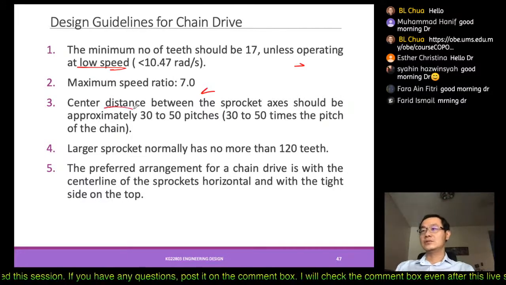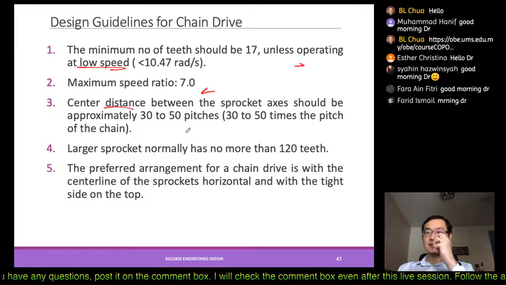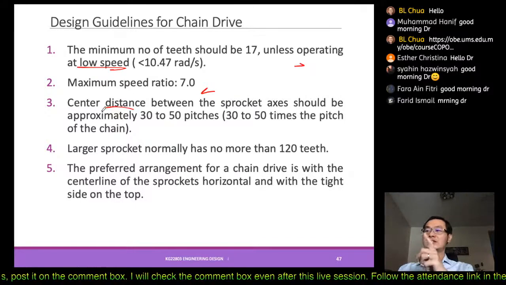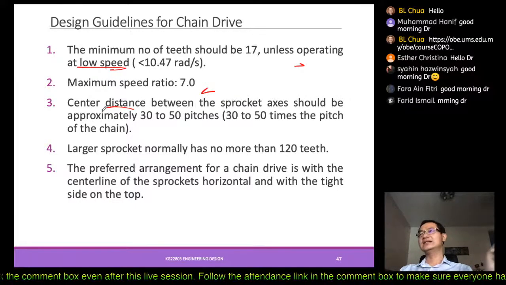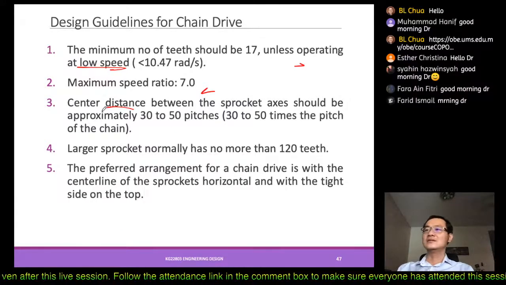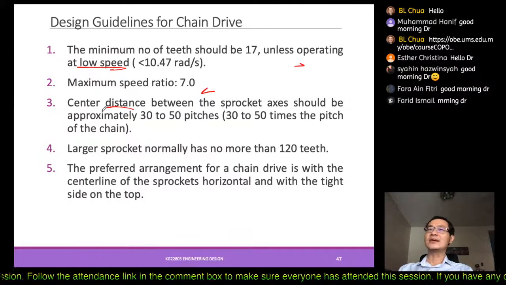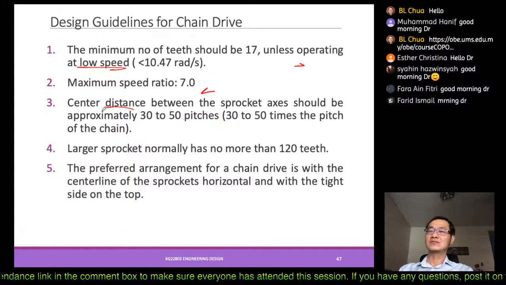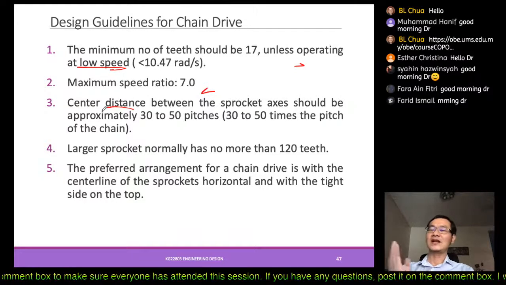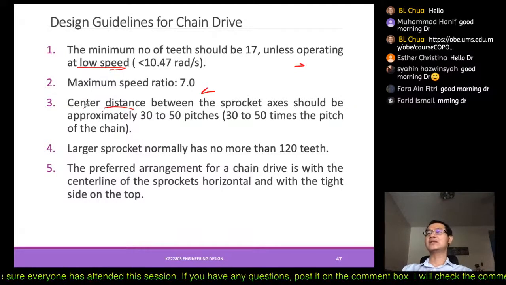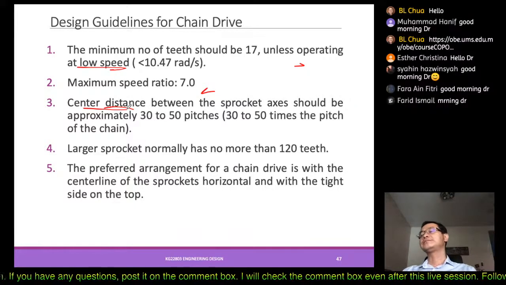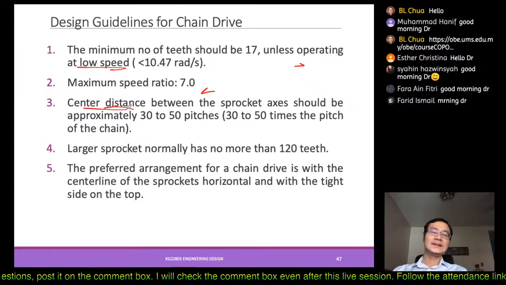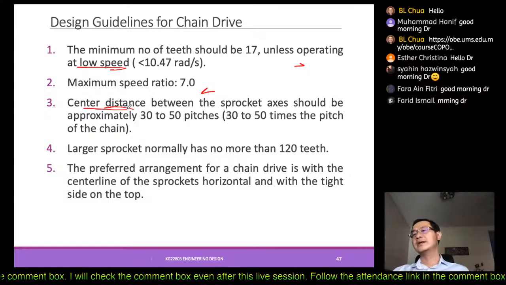Then also we need to identify the center distance. All these equations for the center distance are exactly the same as for the belt, because it's still the same concept: 2 circles being connected through a flexible drive. Therefore you can estimate the center distance using the same equations as the belt.